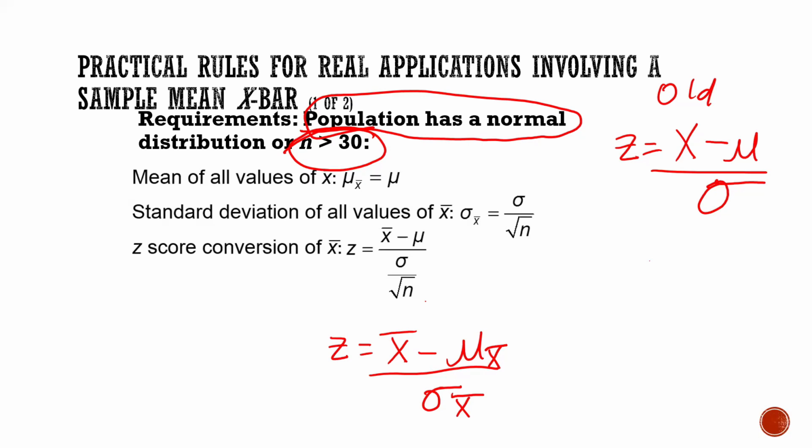The other way you could know is if your original distribution is already normal. It can't get more normal; something either is normal or it's not. So if it's already normal, we know the sampling distribution will be normal regardless of how big n is. So either one is enough to be able to use this.